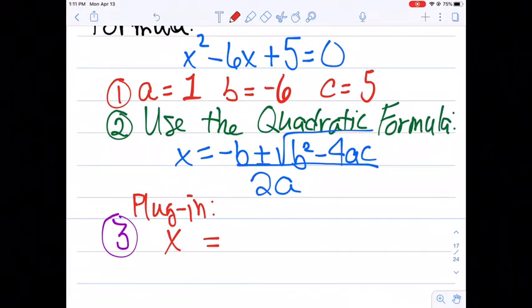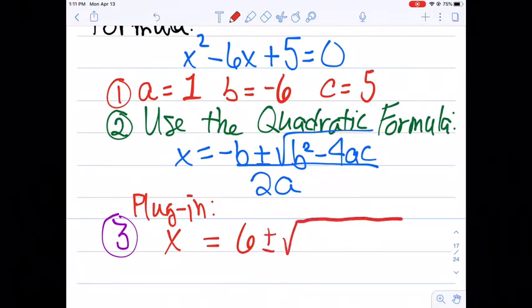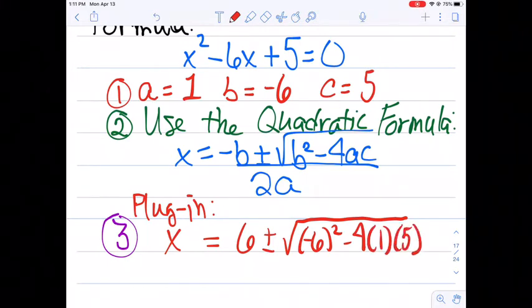So here I go. X equals the opposite of b, which is 6, plus or minus the square root. Make it long, because you've got a lot of things right underneath that radical symbol. The square root of negative 6 squared, b squared, minus 4 times 1 times 5, and we're going to write that all over 2a, which is 2 times 1.